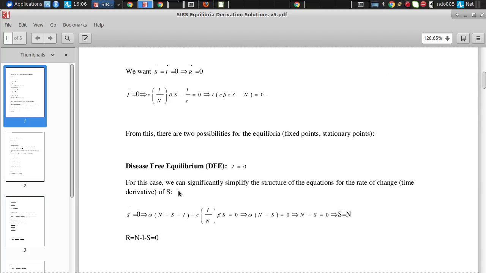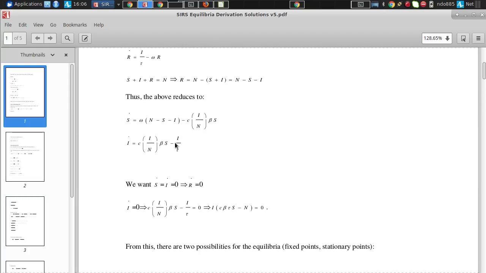So let's go check where this is the case. See it right there? So if I dot equals 0, it means this whole thing equals 0. Because I've already handled the case where I equals 0.